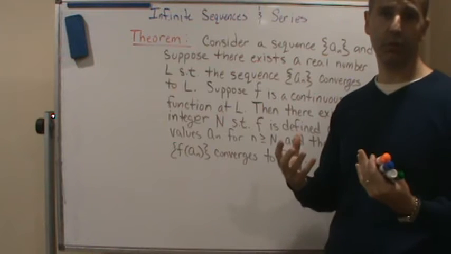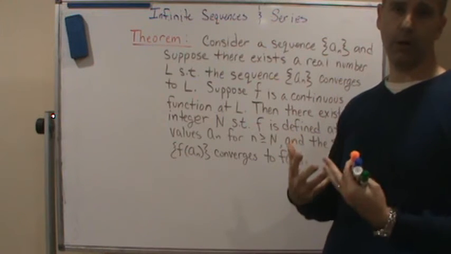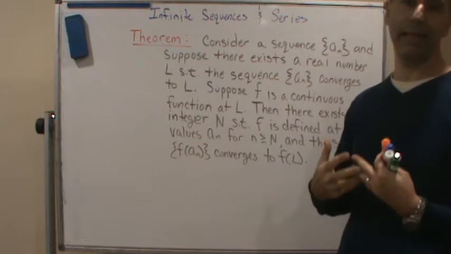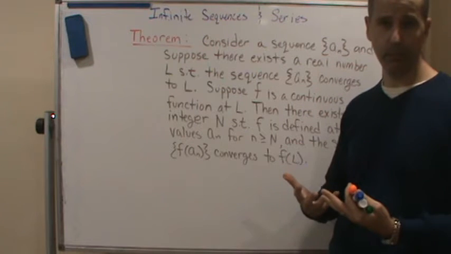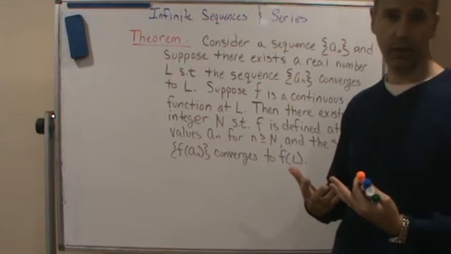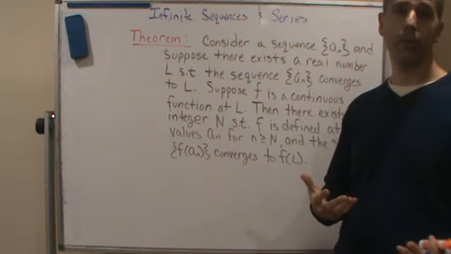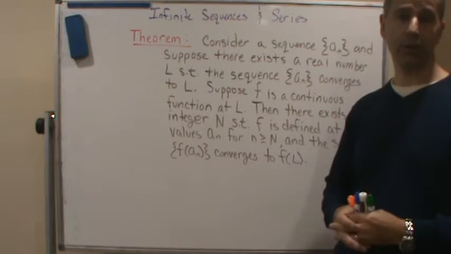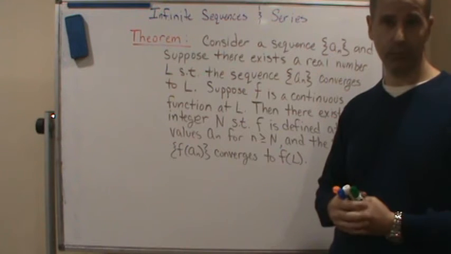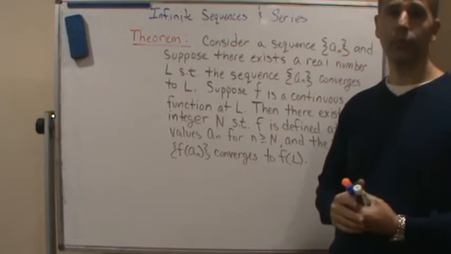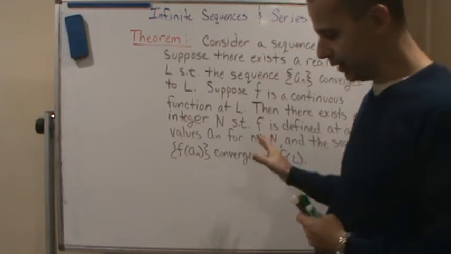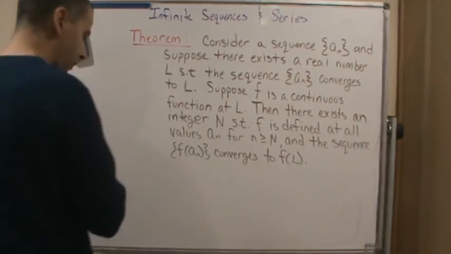And then being able to say, hey, the limit of the function evaluated at the nth term approaches the function evaluated at the limit. Okay? So with that being said, here's the theorem that comes from that.